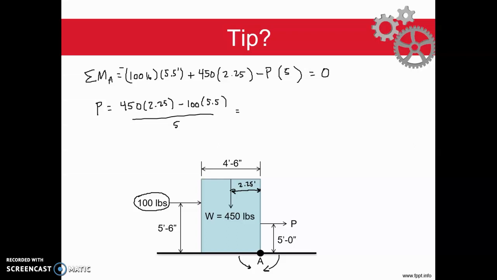Let's see what that's equal to. 92.5 pounds. So if we pull on this crate with a force of 92.5 pounds or more, we'd actually need to pull slightly more than that, then we're going to cause this to tip over.